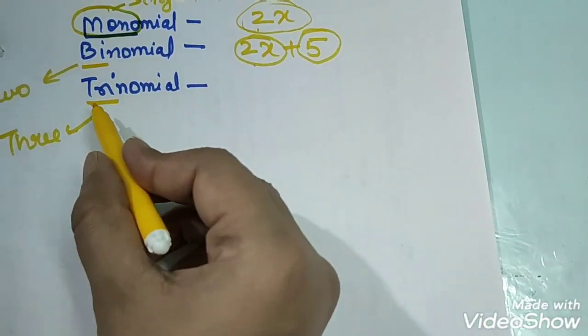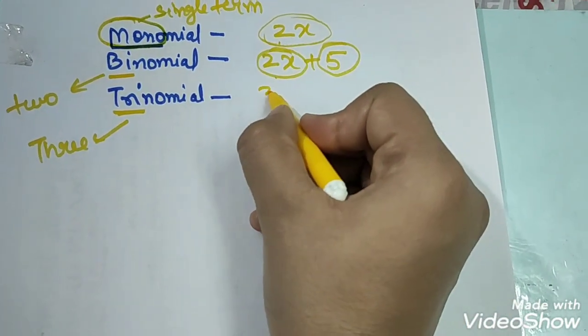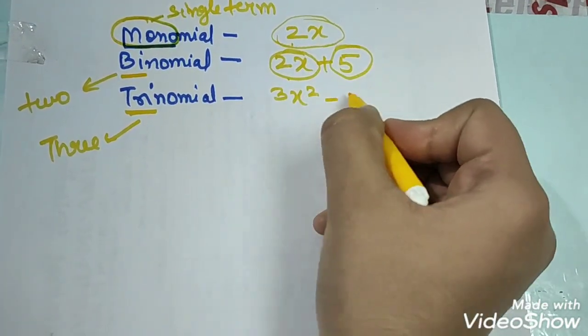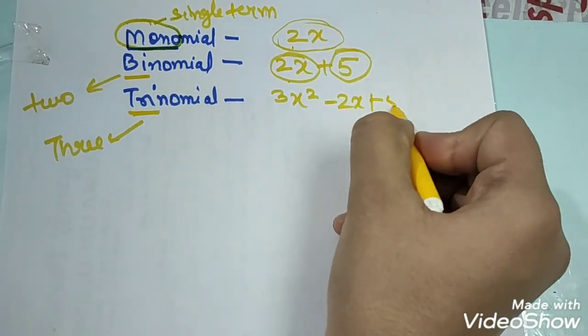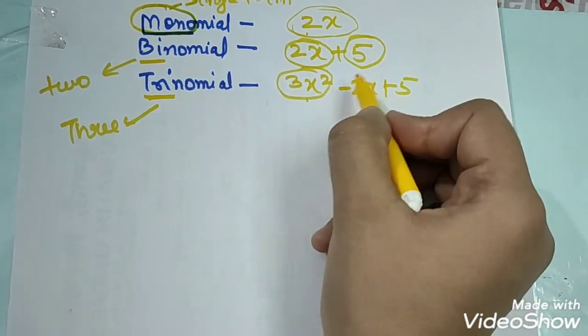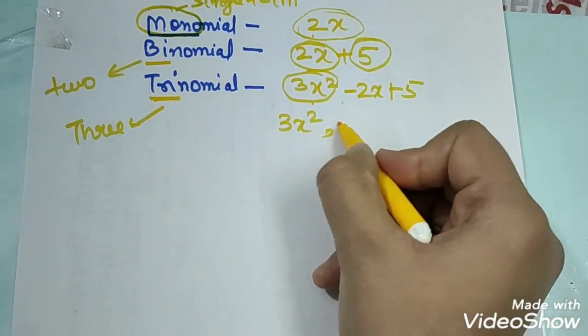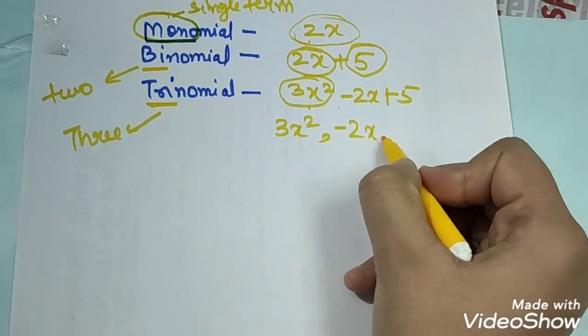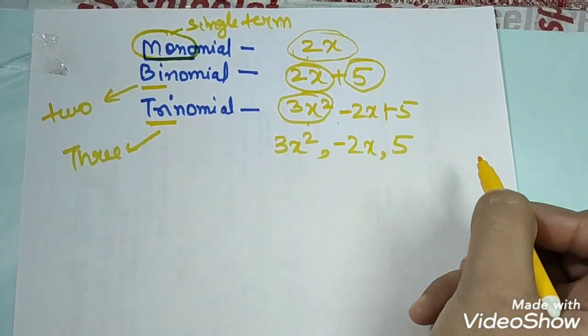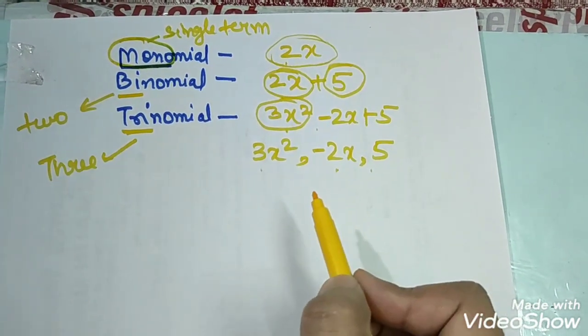Trinomial means three terms. That is, if I'm writing 3x square minus 2x plus 5, then 3x square is the first term, minus 2x is the second term, and 5 is the third term. So it includes three terms.